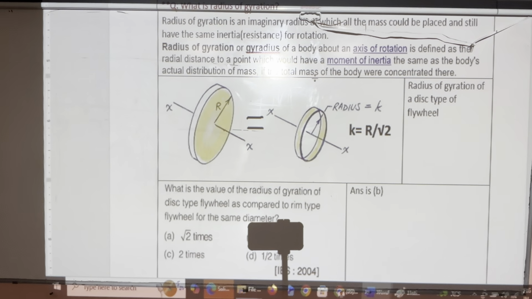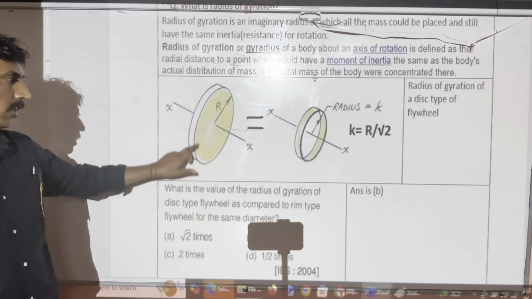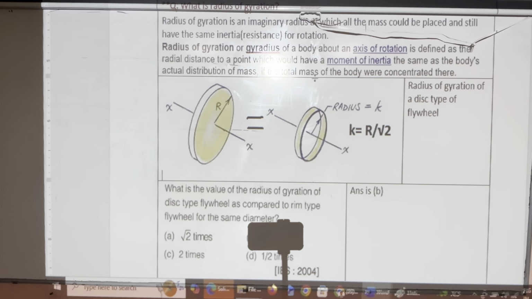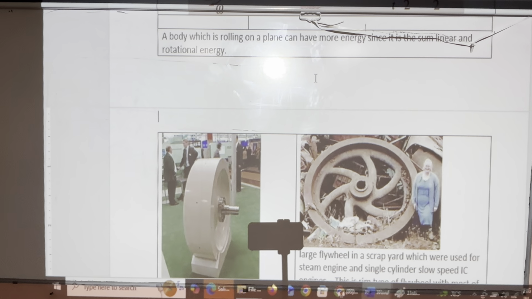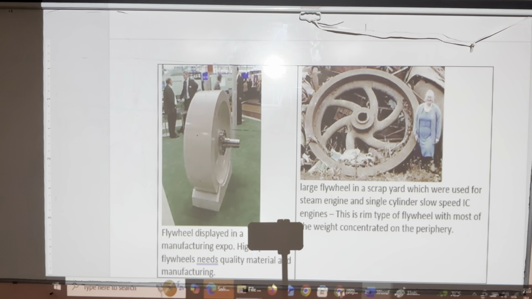So now we are trying to understand the radius of gyration. I just said that this is a disc type flywheel. Did you observe, guys, which is a disc type flywheel and which is a ring type flywheel?